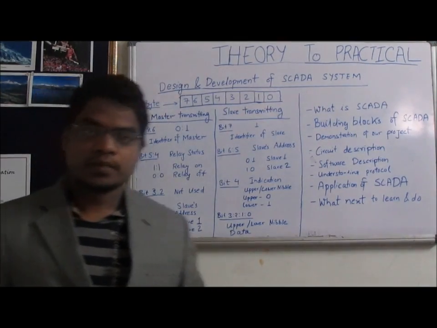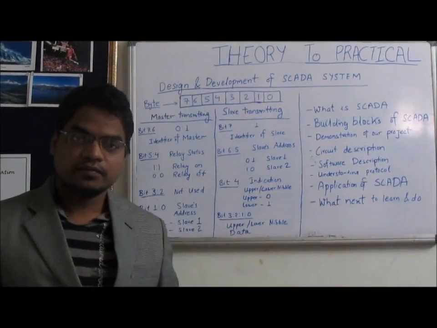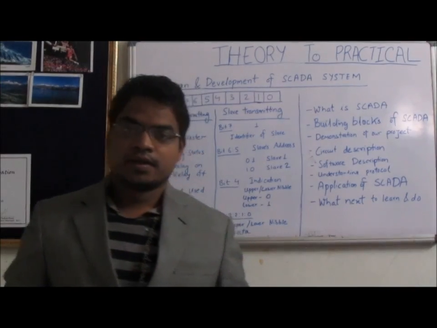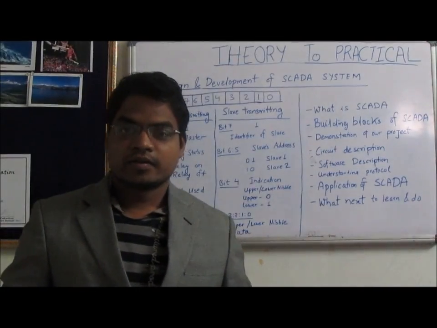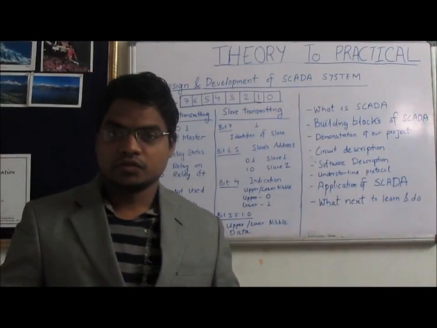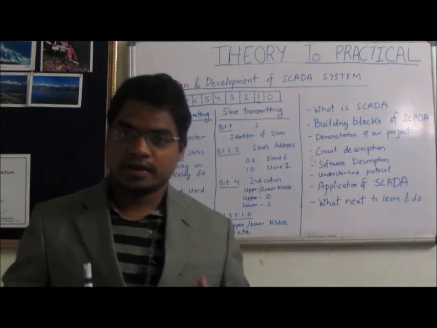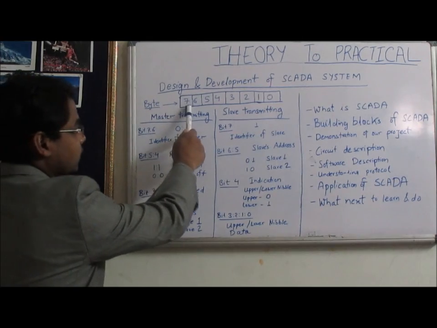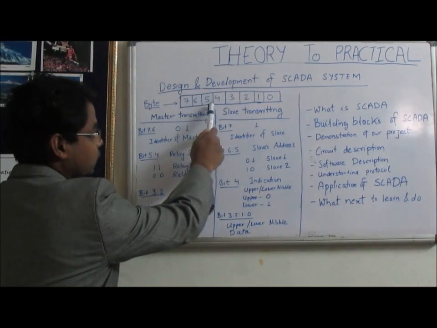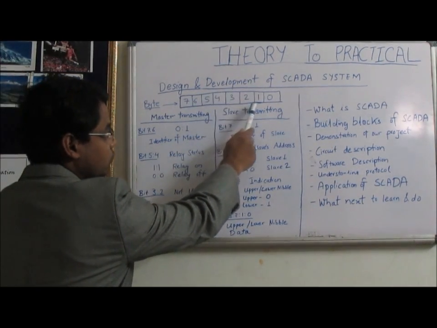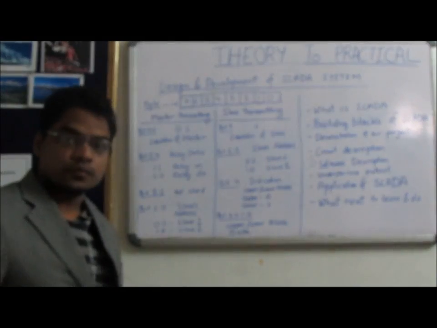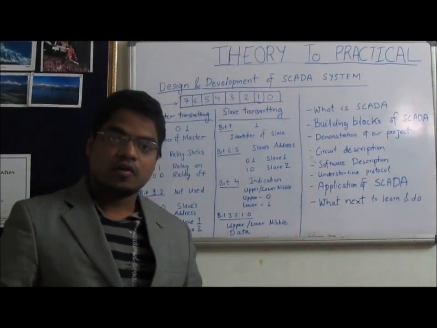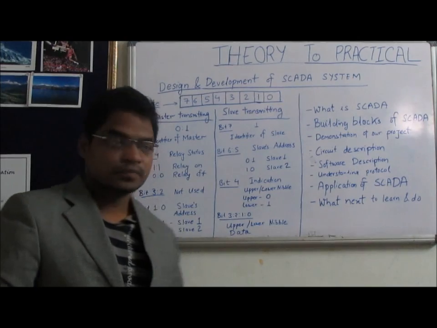Now we will see how master and slave will set their data. Master and slave communicate with each other using a byte, which is 8-bit data. So here this one is a byte, and it has bit 7, bit 6, bit 5, bit 4, bit 3, bit 2, bit 1 and bit 0. Now we will see first how master sets its data.